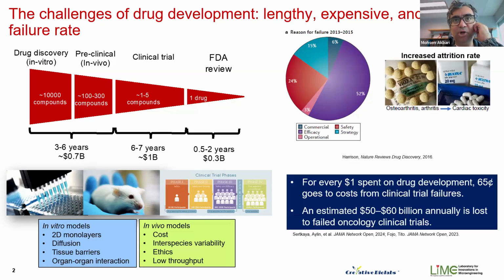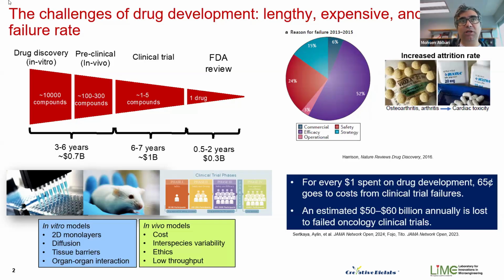And the primary reason for the drug failure at the clinical trial are safety and efficacy issues, which means that the process of drug development, starting from drug discovery here, followed by preclinical in vivo studies, they are not efficient. The choice of drugs that reach the clinical trial are not the most optimized one in terms of safety and efficacy.